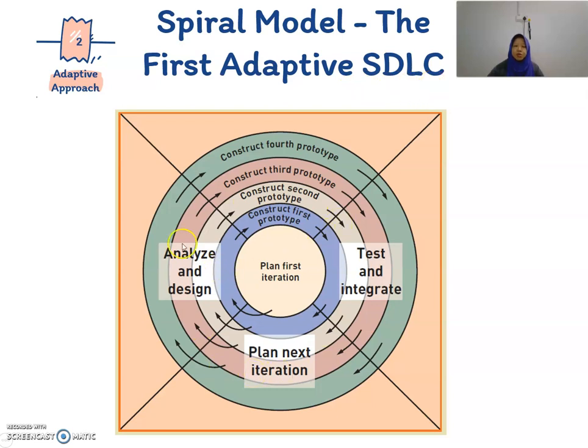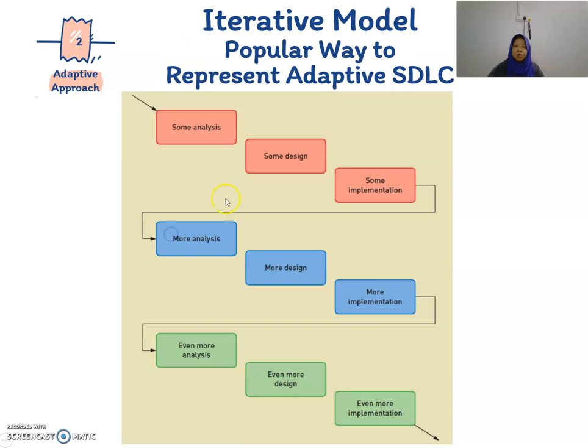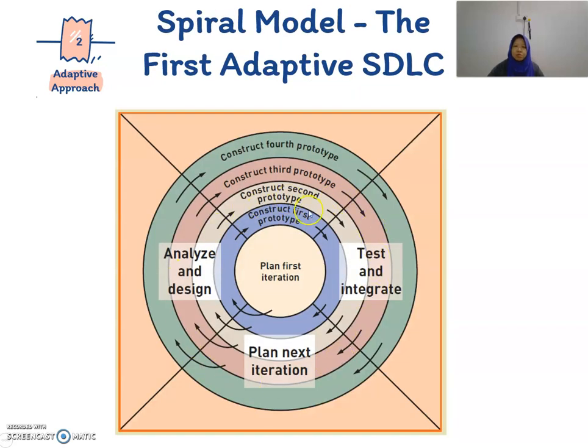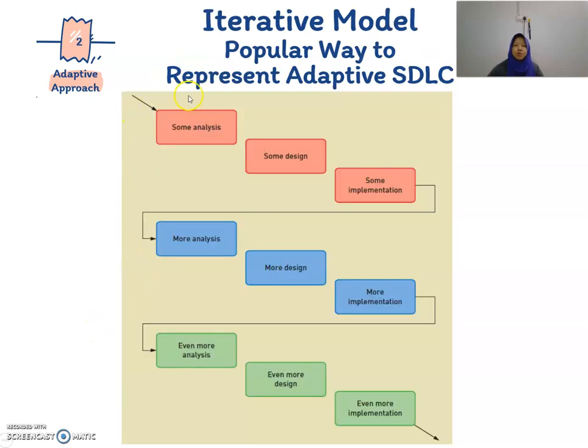For the spiral model, we see that it is an iterative process, where we analyze and design, then we test and integrate, and then we plan for the next iteration, and the iterative process keeps on going. This iterative model is one of the popular ways to represent the adaptive SDLC.